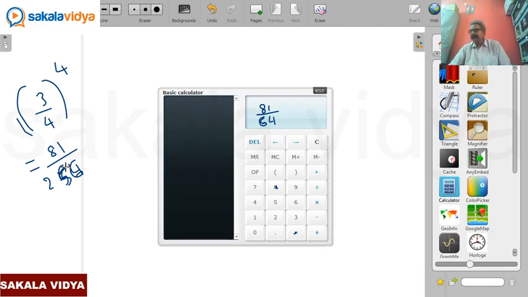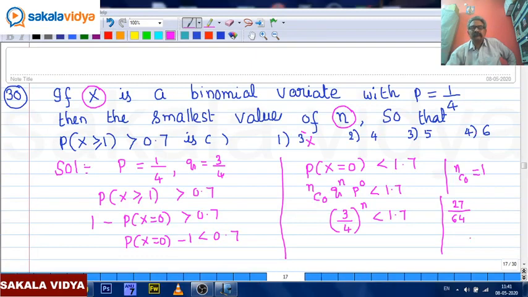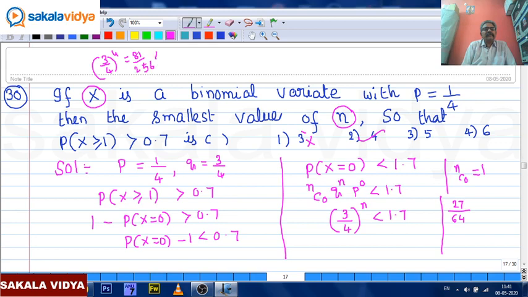Okay, it is not working, leave it now. I think the fourth option may be the right option. Yes. So here (3 by 4) whole to the power of 4 will be 81 by 256. This will be less than 0.7. The minimum value will be 4. So the second option is the right option.